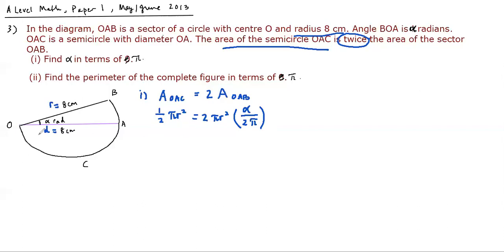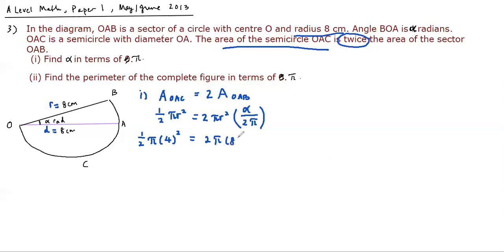Now, on the left side, you have OAC, so that gives you half pi r squared. But for this semicircle OAC, the diameter is 8, so the radius is 4. And for OAB, which is the sector of a circle, the radius is 8.